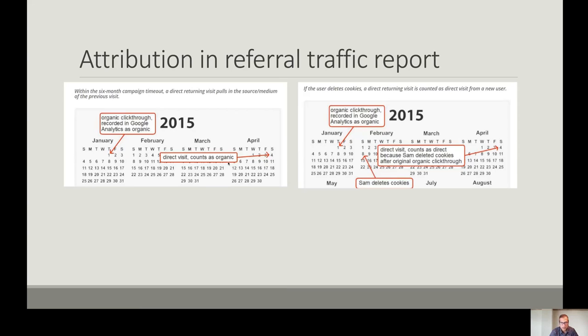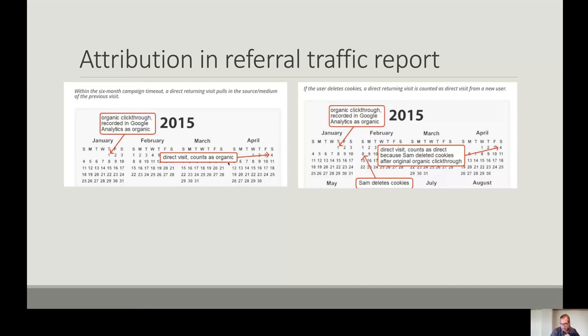But otherwise, the user can never be a direct visitor. Well, actually, this is not the case. There is a default time limit of 6 months that applies. If the duration between the 2 subsequent visits is more than 6 months, then the attribution is to the direct visit, and if the duration is less than 6 months, then the attribution is to the previous method of visit to the website.